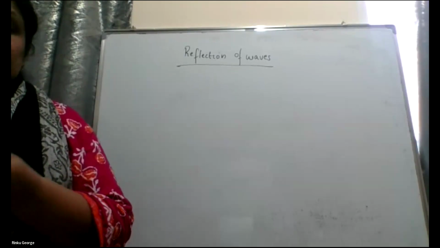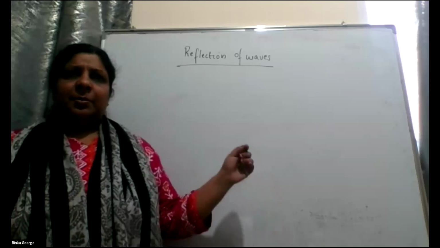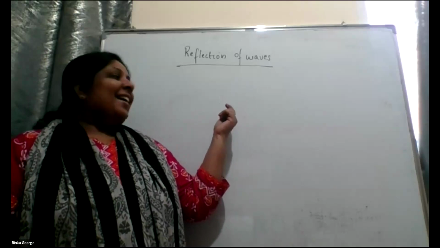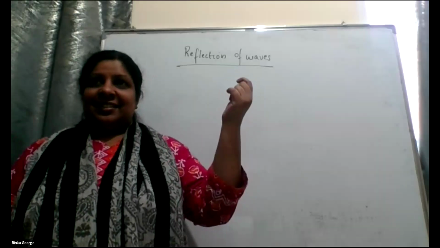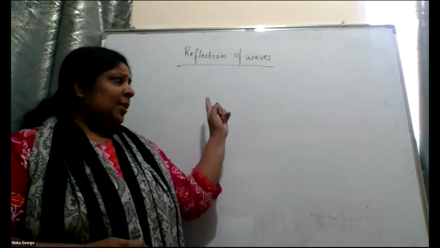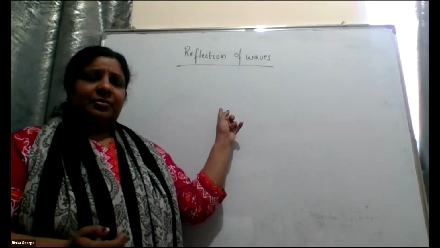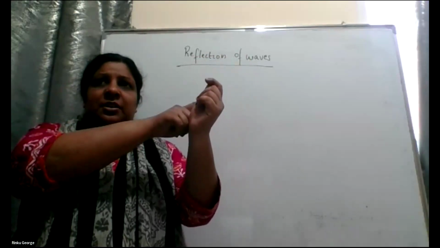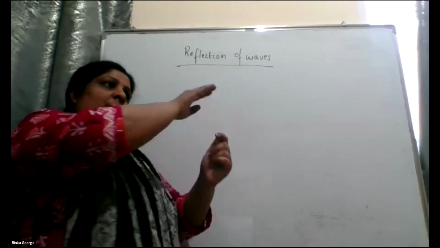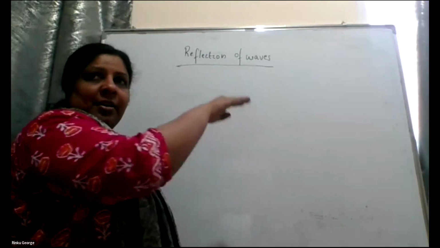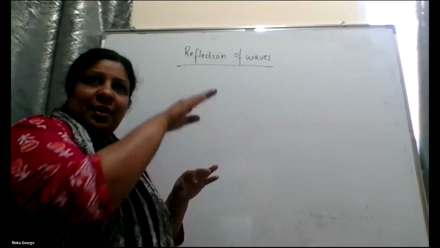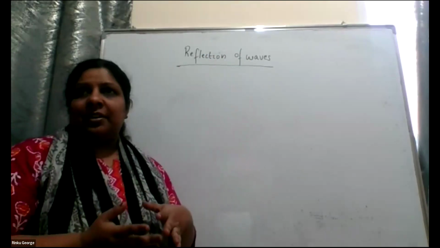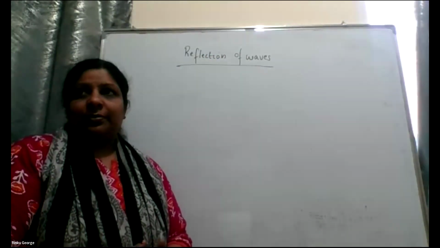Okay, I explained this point last class, remember? A string, when it is stretched like this, and you tie a rubber band, you stretch it, you make a disturbance at this point, what will happen? The wave will go, it reaches here and it will reflect back. Actually, that vibration starts from this end, it moves till the end and it comes back. That phenomenon we call reflection of wave.